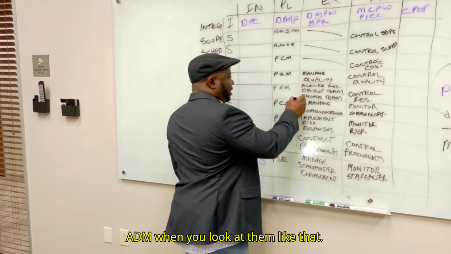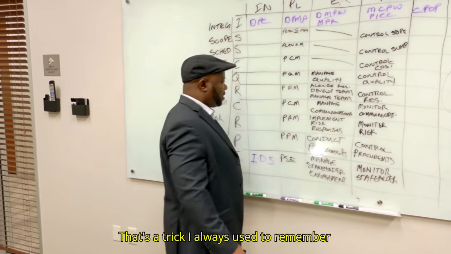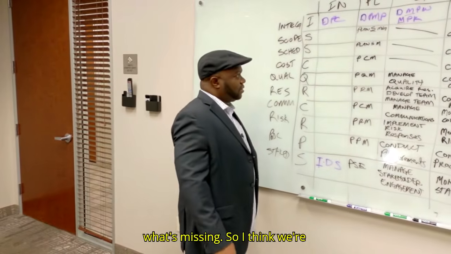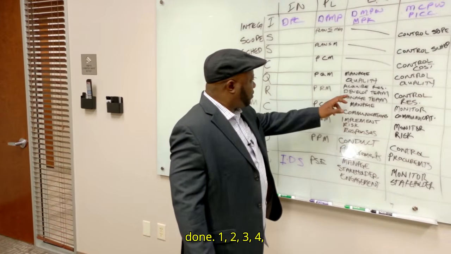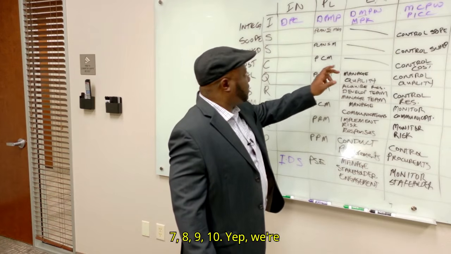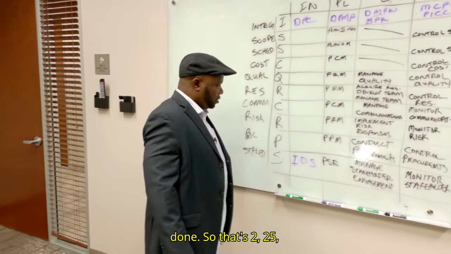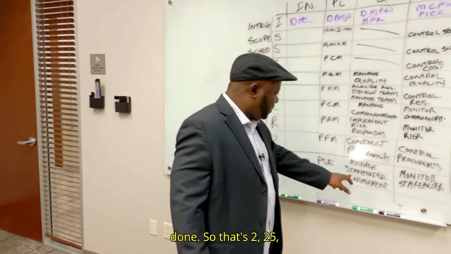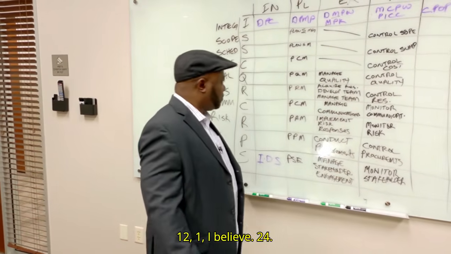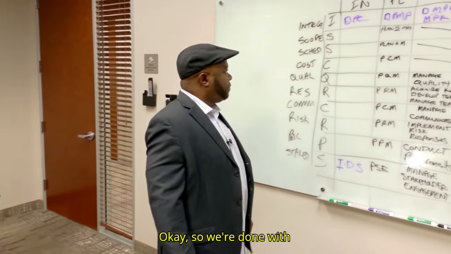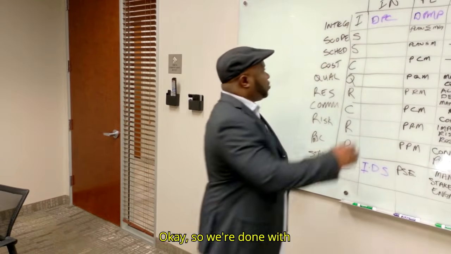They spell ADM when you look at them like that. That's a trick I always used to remember what's missing. So I think we're done. 1, 2, 3, 4, 7, 8, 9, 10. Yep, we're done. So that's 2, 25, 10, 2, 24, 10, 12, 1, I believe. Okay. So we're done with initiating.